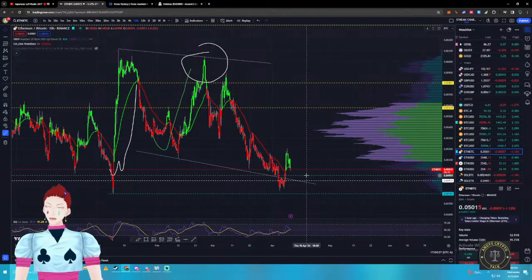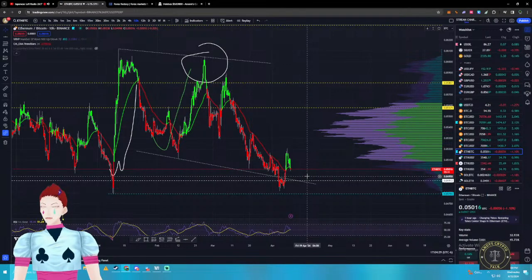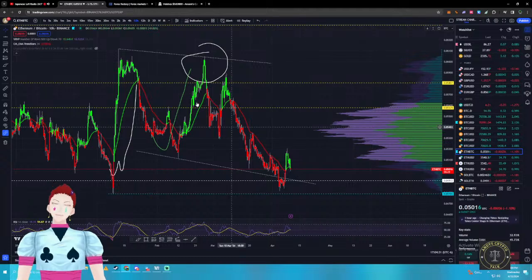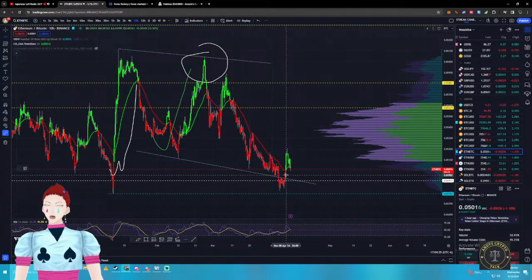So maybe look to not lose this 4950 level. Would be nice to hold.